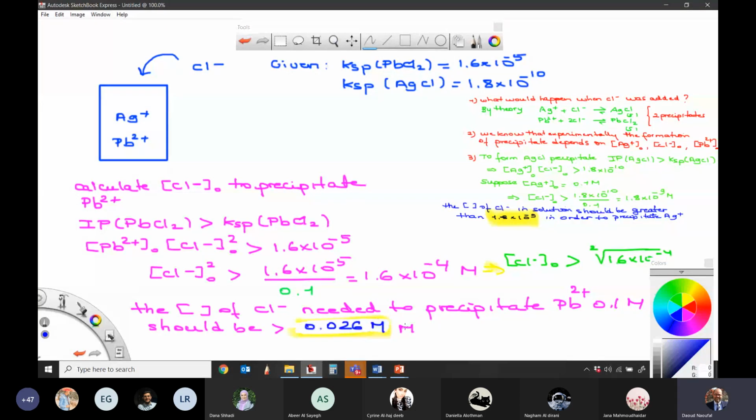As a conclusion, to precipitate Ag+, you need at least 1.8 10 minus 9. To precipitate Pb2+, you need at least 0.026.